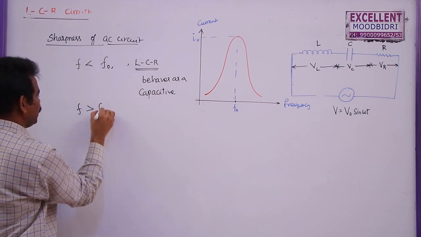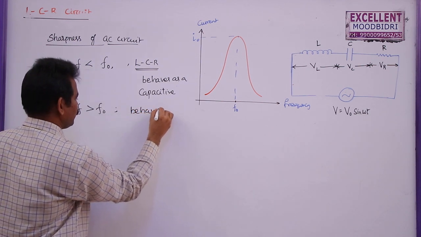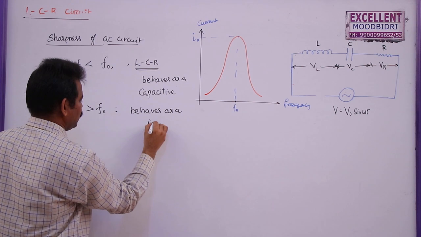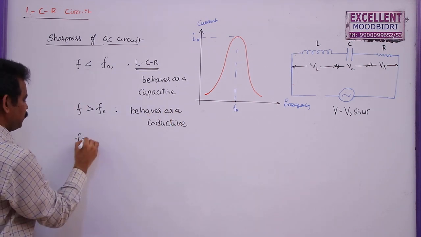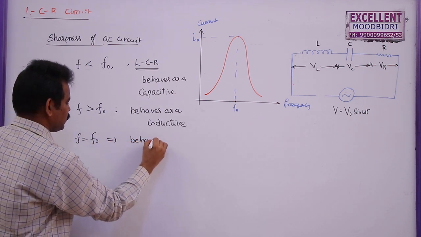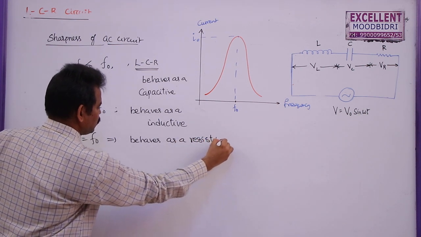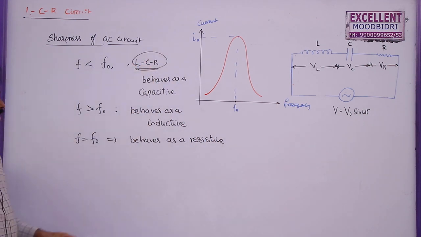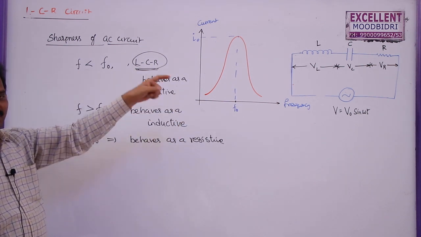If the frequency is greater than the resonance frequency, it behaves as an inductive circuit. If f is equal to f0, it behaves as a resistive circuit. That means the LCR circuit will have three different behaviors based upon the frequency that is applied here.